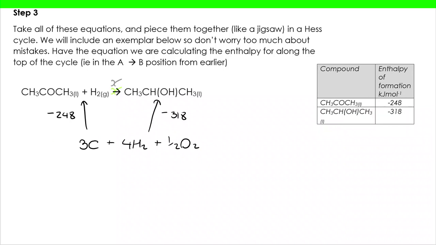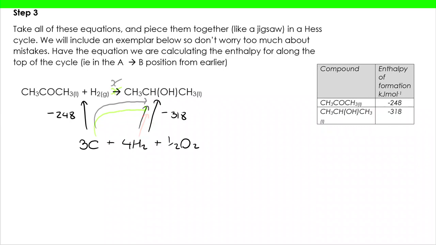If we remember, Hess's law tells us that the overall energy change is the same whichever route is taken. So I'm going to identify what my 2 routes are here. And I've put that in with a green and a red arrow. I've got 2 arrows leaving from the bottom, and I've got 2 arrows arriving at the top right. So my green route is going to be equal to the red route.